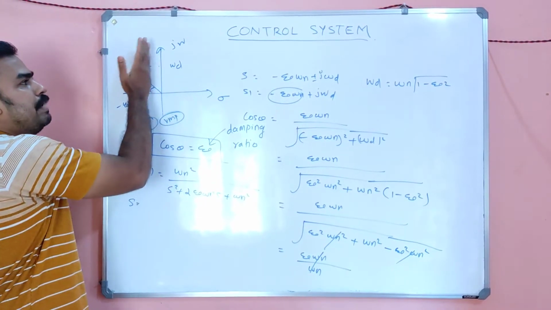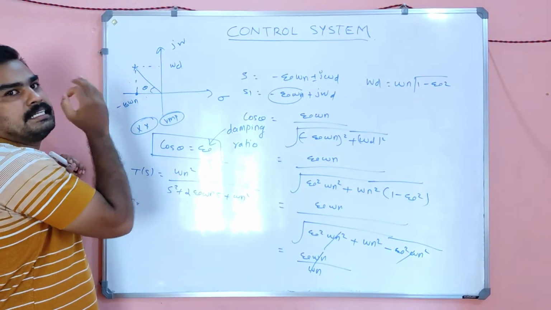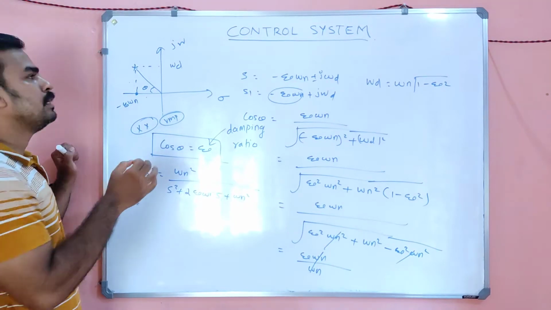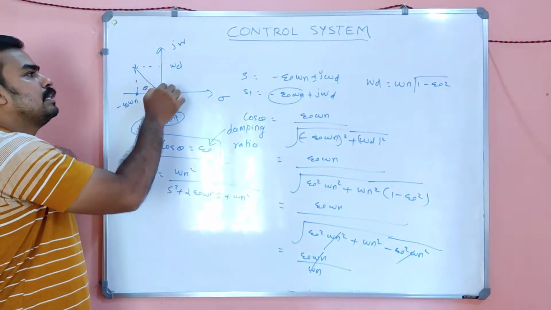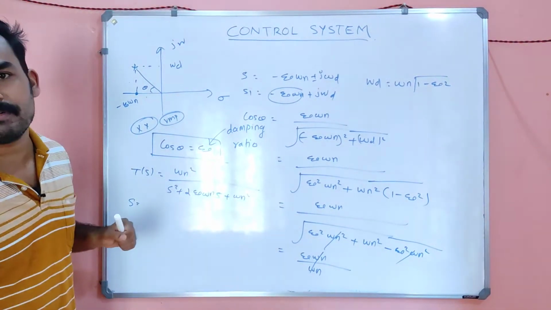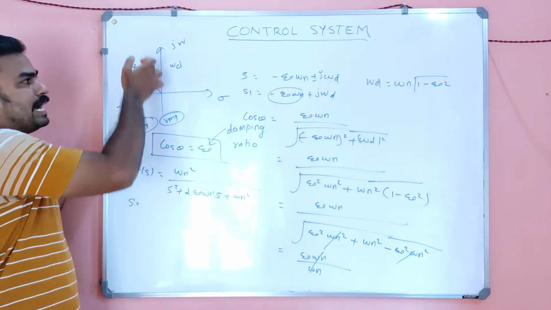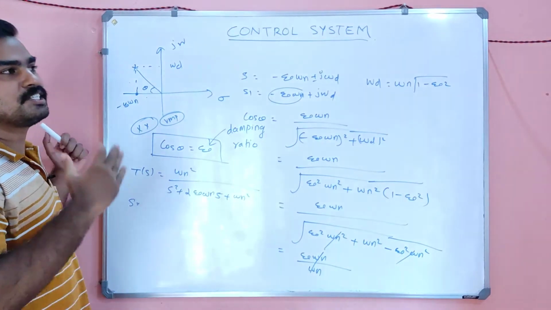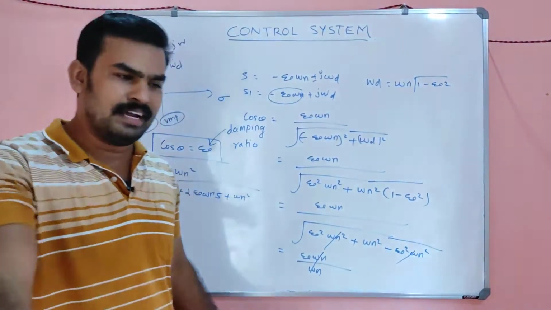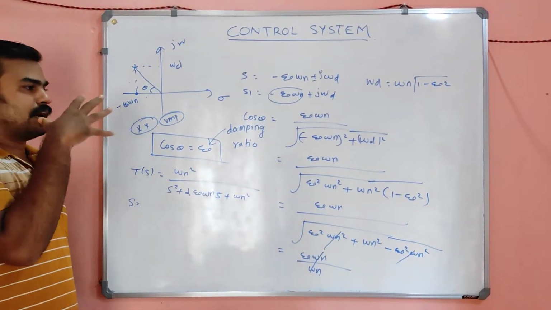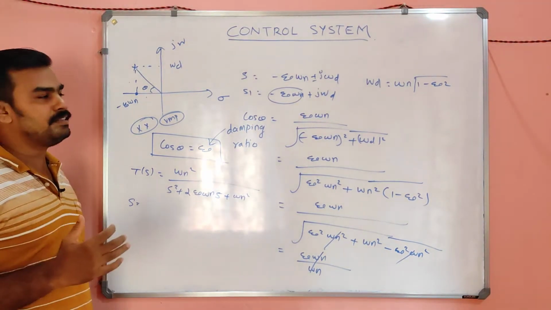If every pole lies on the left side, it is called a stable system. If any pole lies on the right side, the system will be unstable. If all the poles lie on the imaginary axis, then the system is said to be marginally stable. That we will learn later. For now, just learn this.